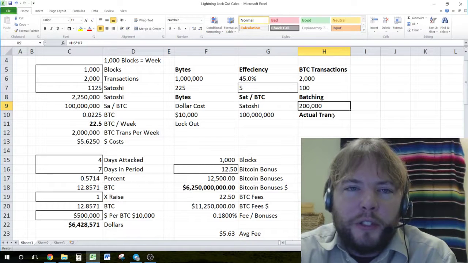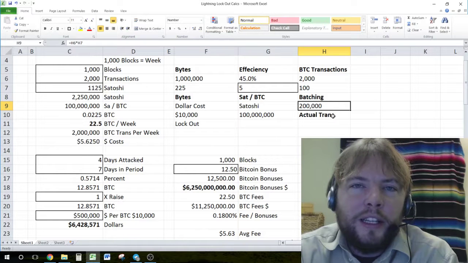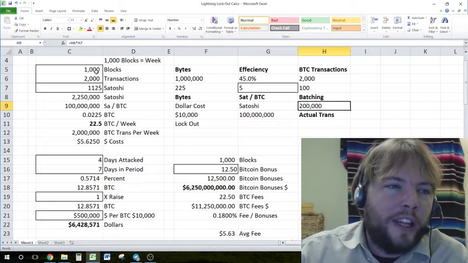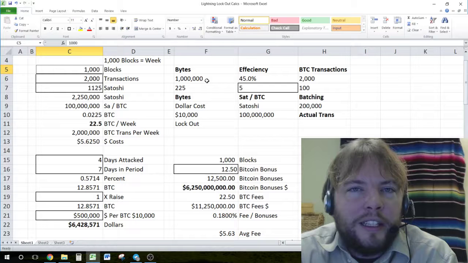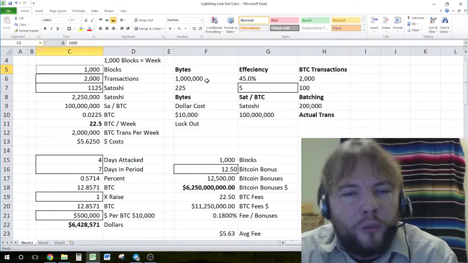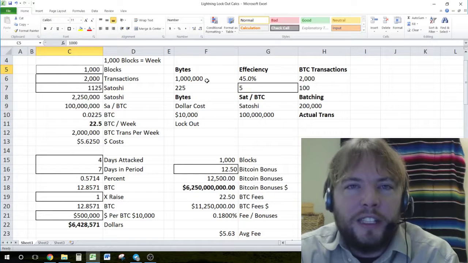Now, another thing you can do is Lightning Network batching. In Lightning Network batching, you can have a transaction every 1,000 blocks instead of every block. And this transaction every 1,000 blocks, instead of accounting for 100 transactions or so, maybe it accounts for 10,000 transactions.